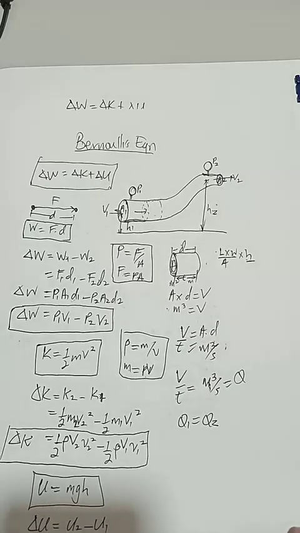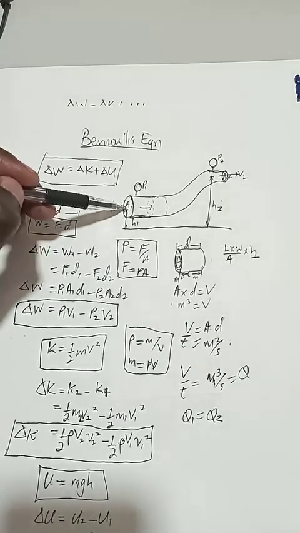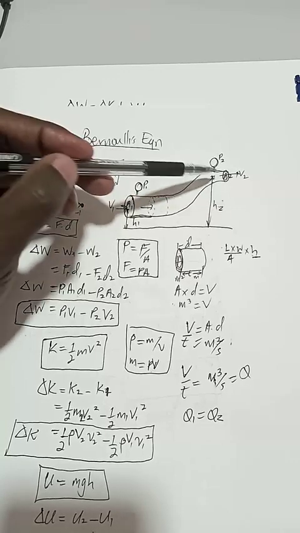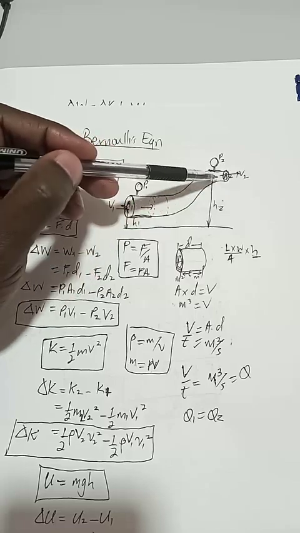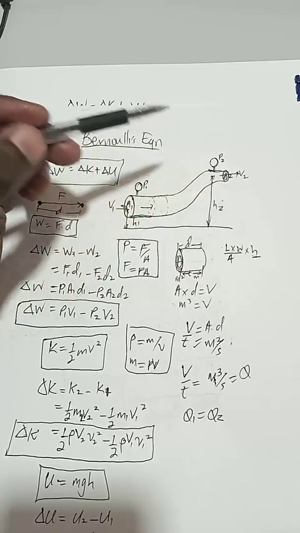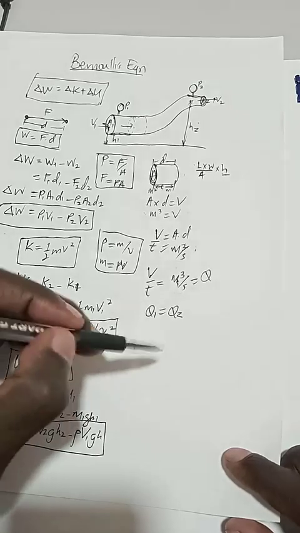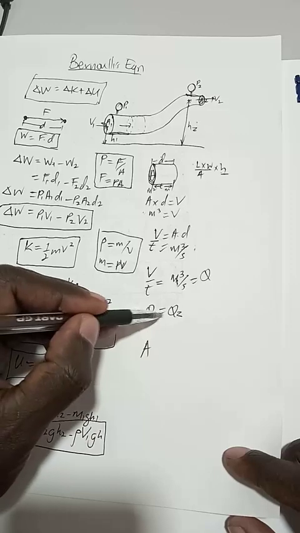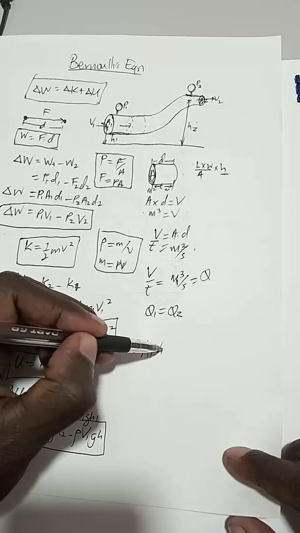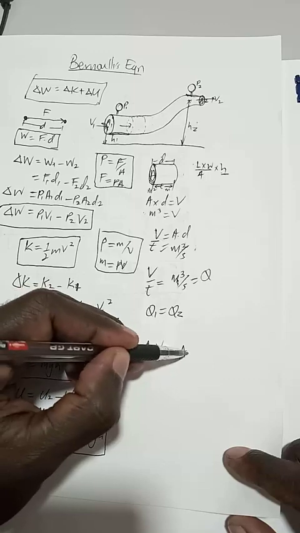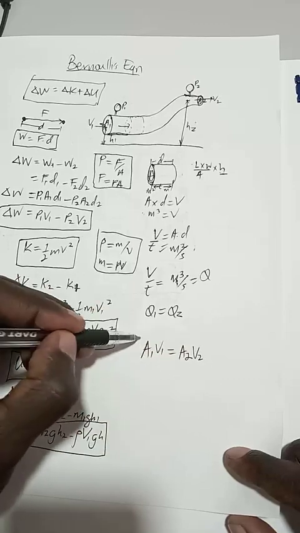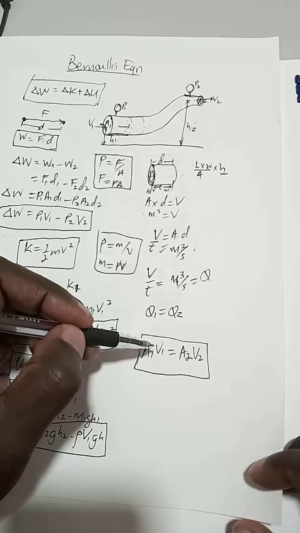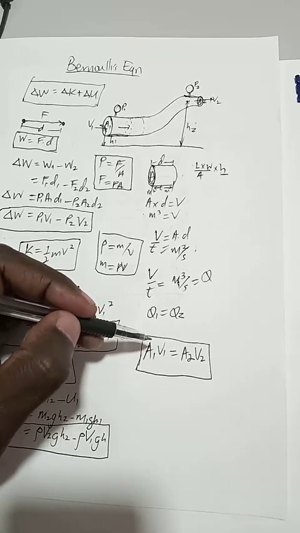The diagram is the same. If water flows slowly here, then the pressure is high. If the water speed is high, then the pressure comes down. Going back to the continuity equation, where Q1 equals Q2, so A1 V1 equals A2 V2.